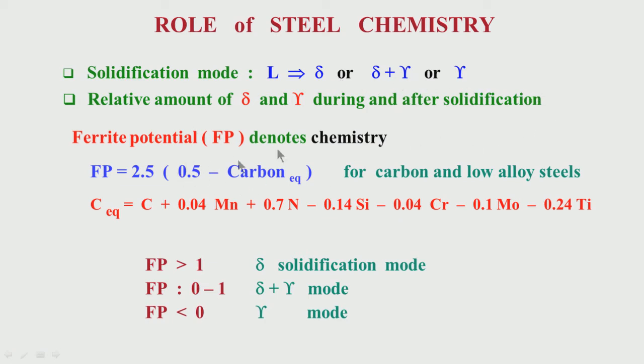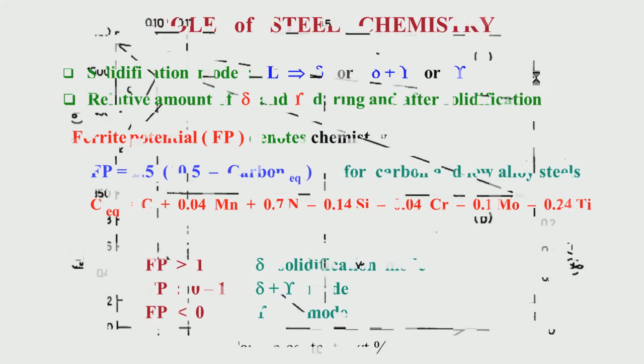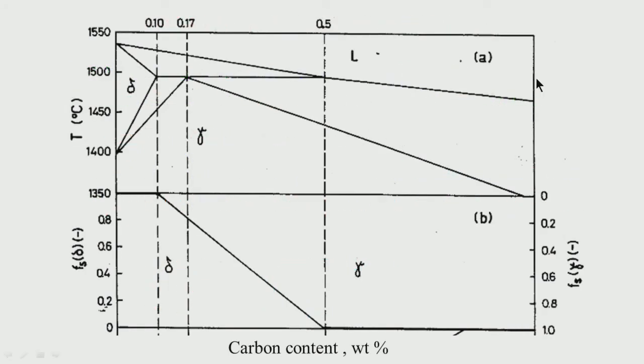Where is this 0.5 coming from? Basically, you look at this figure here. When solidification is taking place for any chemistry with carbon less than 0.1%, it is 100% delta.